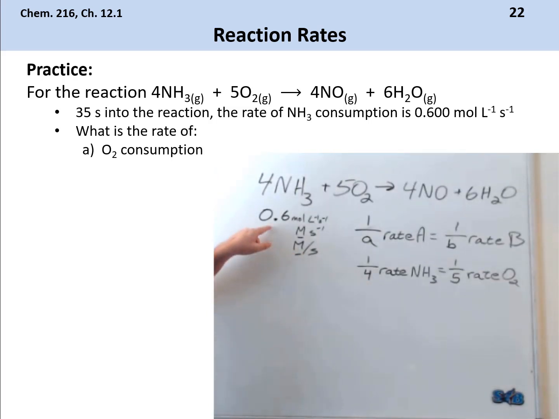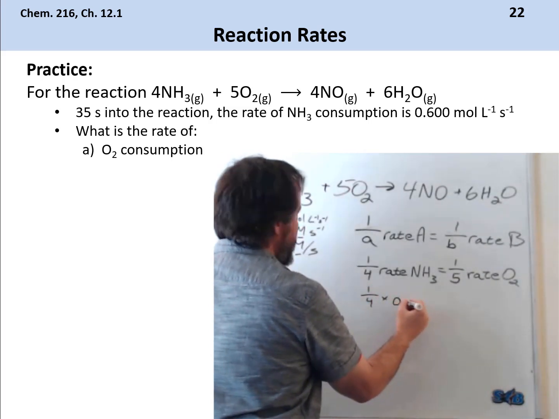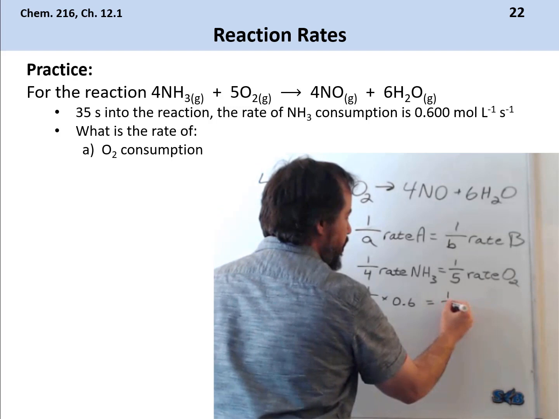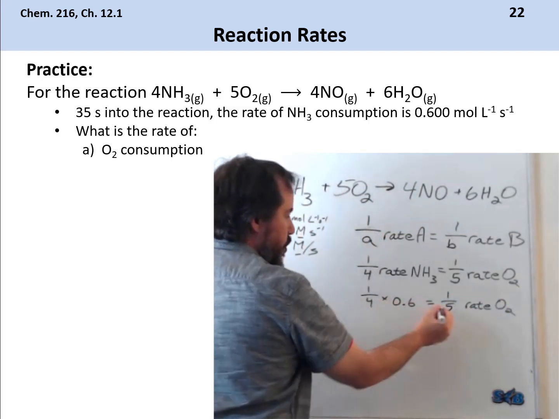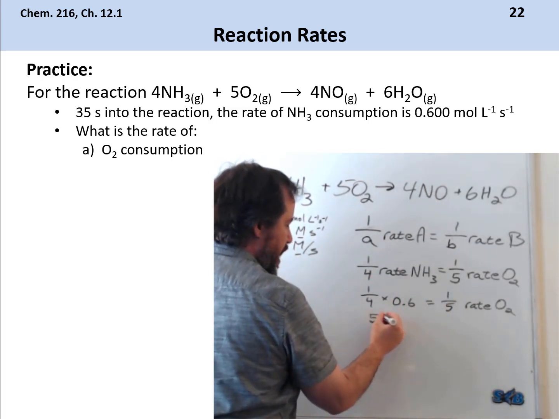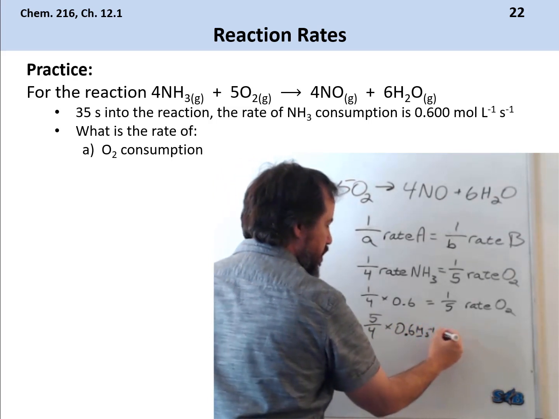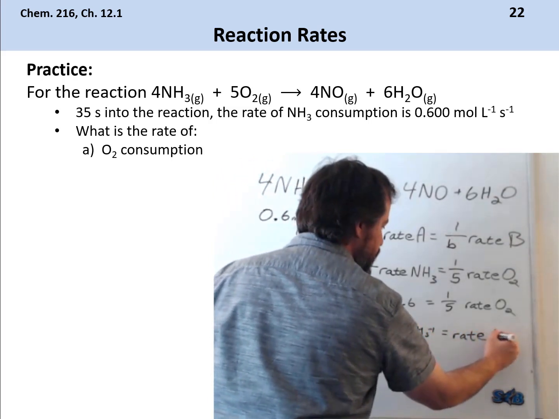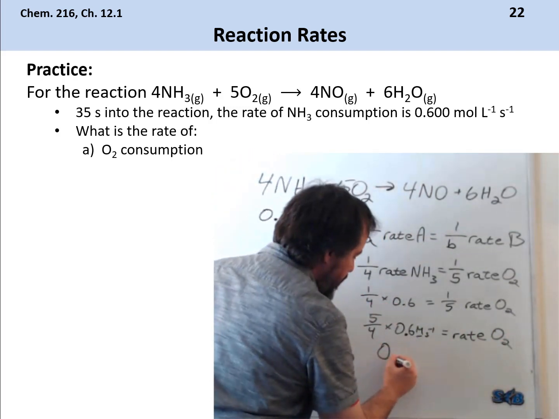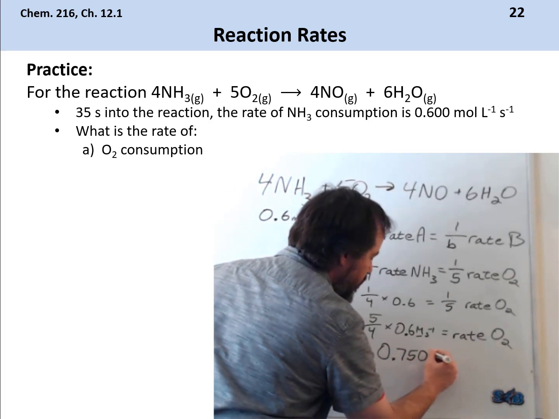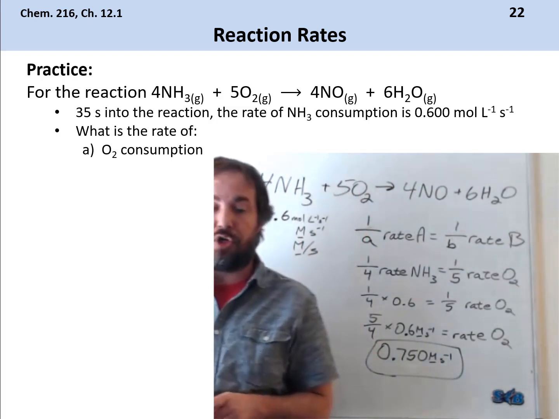I know what the rate of NH3 is. That's 0.6. So 1/4 times 0.6 equals 1 over 5 times the rate of O2. So I'll move this 5 over. So I have 5 times 1/4 times 0.6 equals the rate of O2. I do the math, and this ends up giving me 0.750. That's my rate of O2.